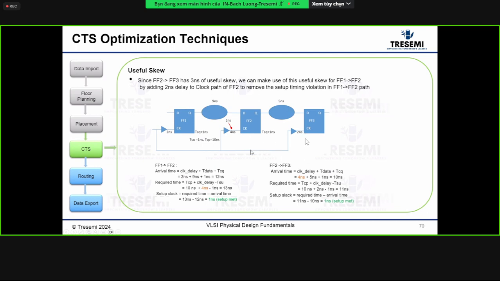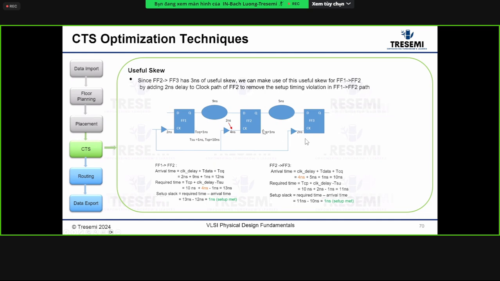There's another aspect of this, which is a hold time check. I'm showing you the setup, the hold works the same way, but it's opposite, right? Because if you add slack, it's going to be bad for hold. So in this case, it's good for setup, bad for hold in this one.